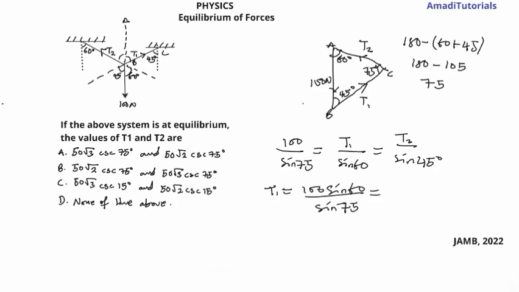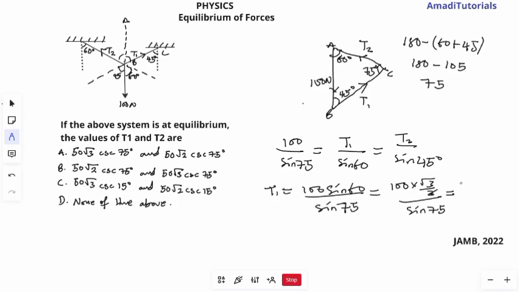Sine 60 is root 3 over 2. So we have 100 times square root of 3 over 2, then divided by sine 75. The 100 over 2 gives 50, so you now have 50 root 3 divided by sine 75.